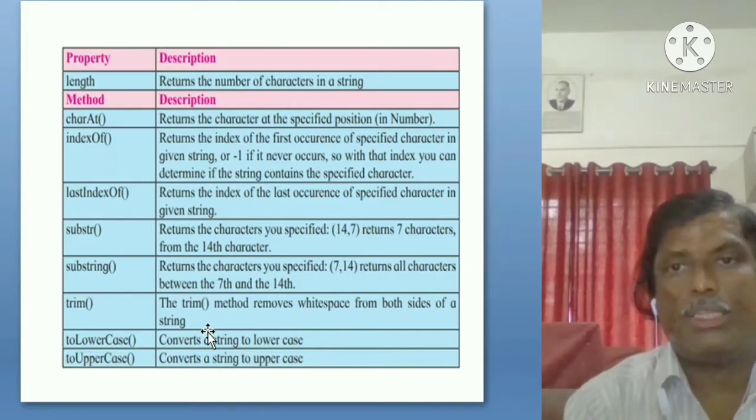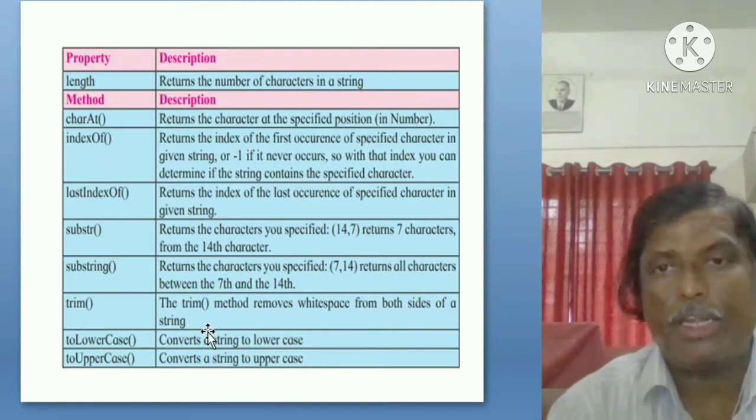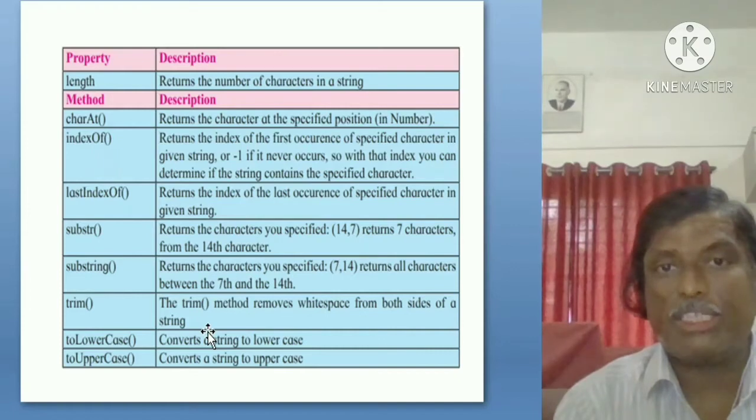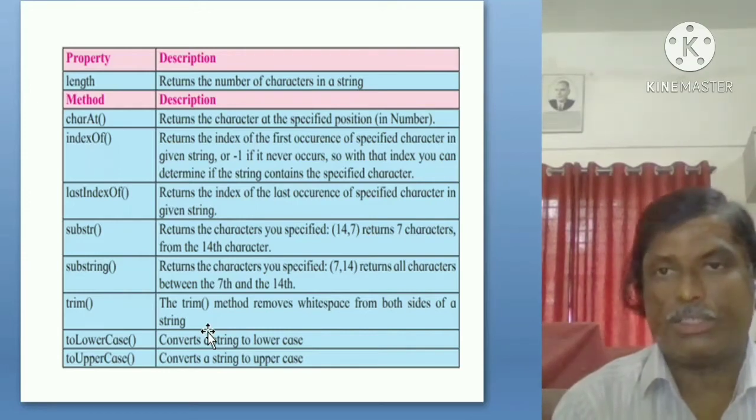So, this will return 7 characters from the 14th character. substr is a string method which is used to return the characters from a specified location. Here we have 14, 7. So this will start from the 14th character and return the next 7 characters.